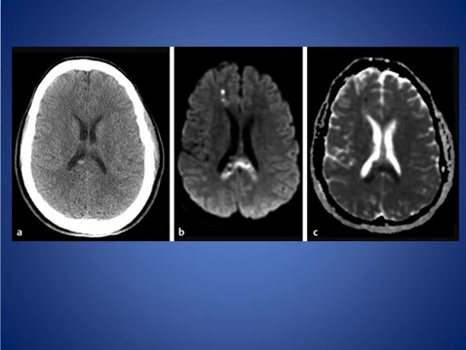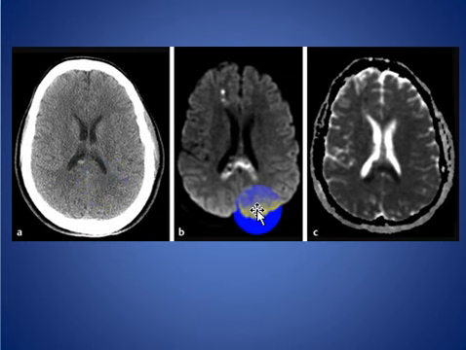Here, this is brain trauma, and we see here in the brain CT scan in the axial cut, there is hemorrhage in the region of the splenium of the corpus callosum.